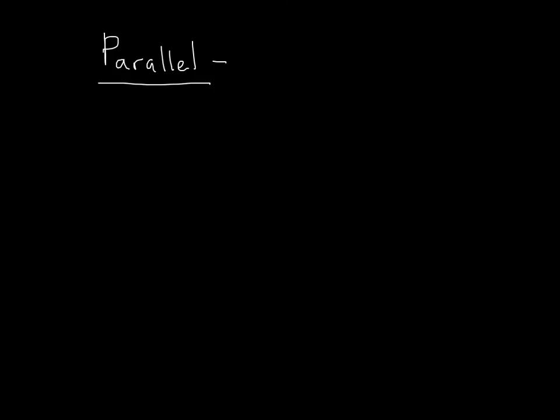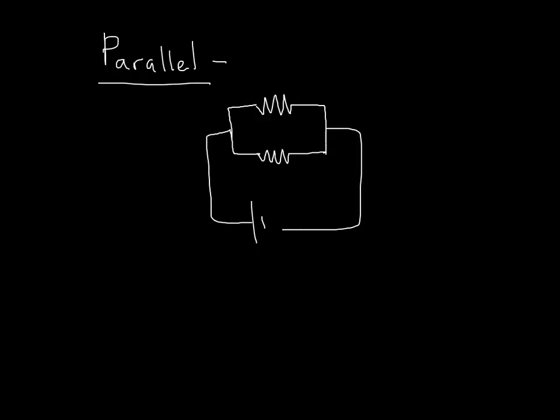If we combine resistors in parallel, what does that circuit diagram look like? Well, I draw my battery, I have my wire come in, and it reaches this point where it branches out in two potentially different directions. I draw my resistors, and then I finish off drawing the rest of my circuit.